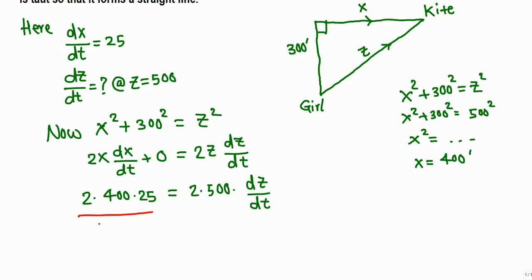The 2s cancel, two zeros cancel, 5 goes into 25 five times, 5 times 4 is 20. So dg over dt equals 20, and the correct unit is feet per second.